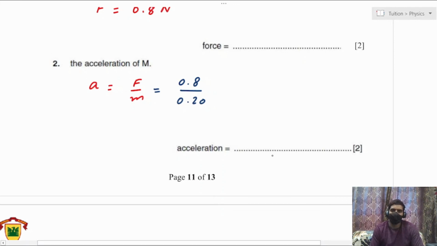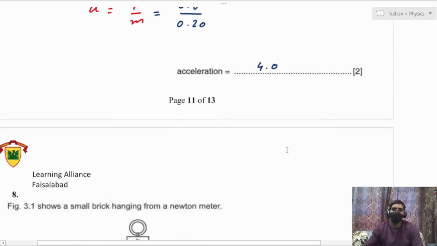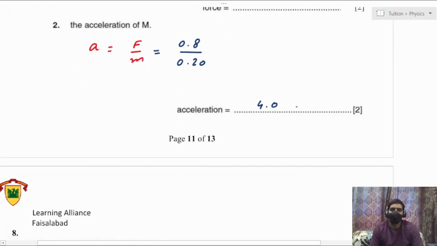You can write 4.0 in two significant figures. Yeah, 4.0, and the unit has to be meters per second squared.